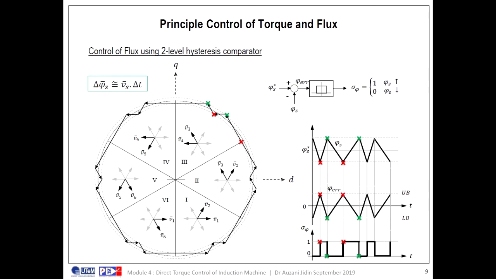If the stator flux point is above the reference stator flux, it will generate a negative flux error when compared with the reference flux. The flux error status will show 0, meaning to decrease the stator flux. A zigzag waveform will form a circle which represents the change of stator flux in the DQ frame.